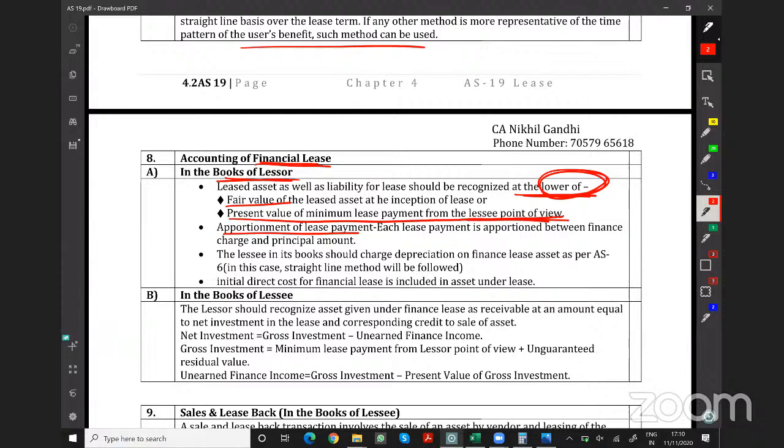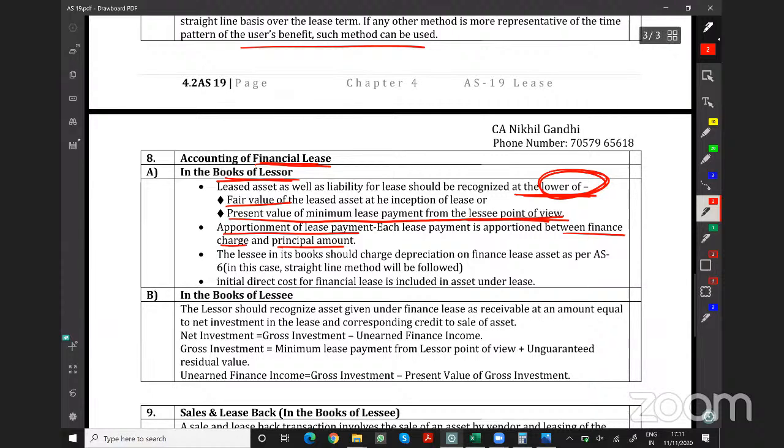So in such a case, any amount received from my brother should be bifurcated into two parts. One is relating to the principal amount, and the second one is relating to the interest amount. Each lease payment is apportioned between the financial charges and the principal amount. I will receive interest.